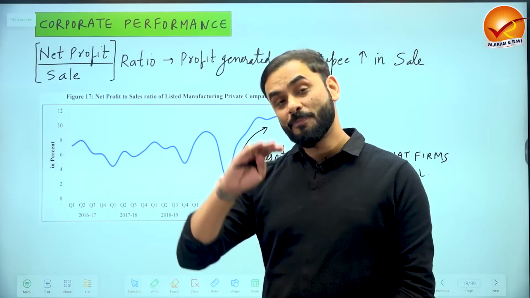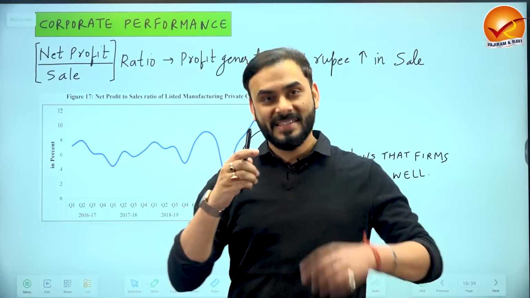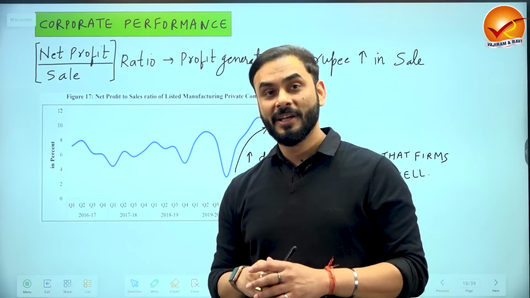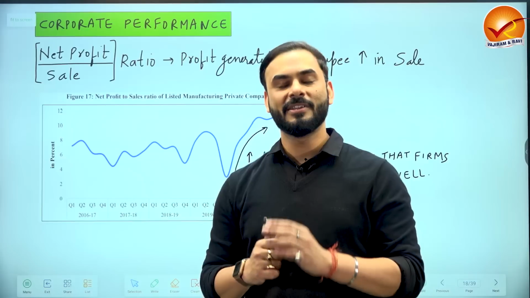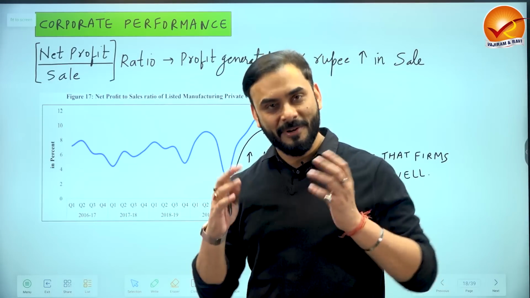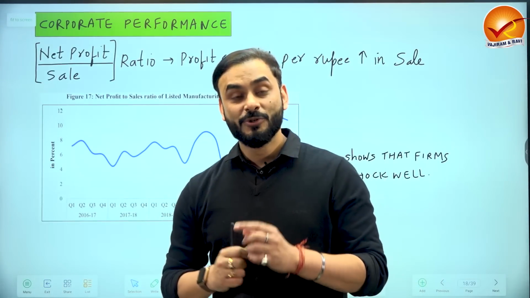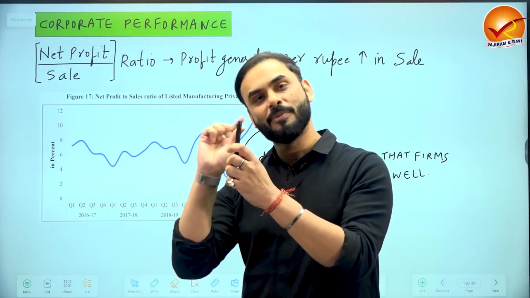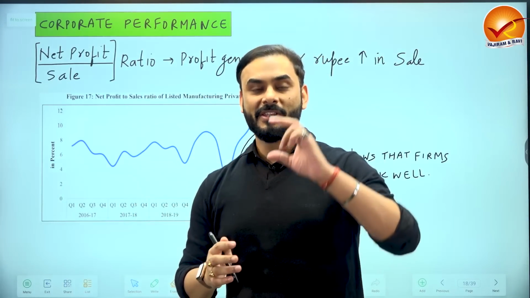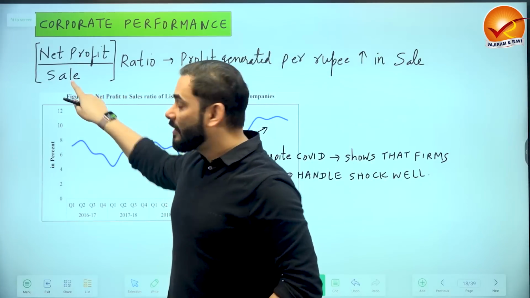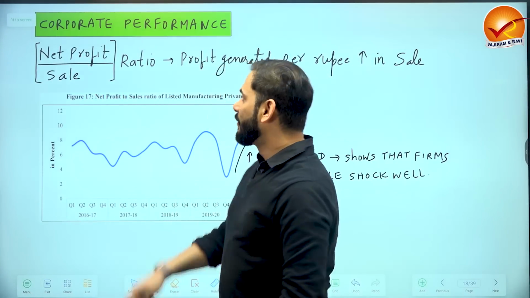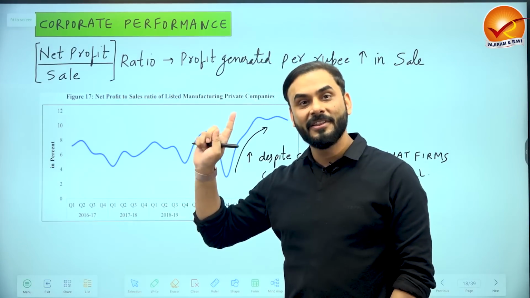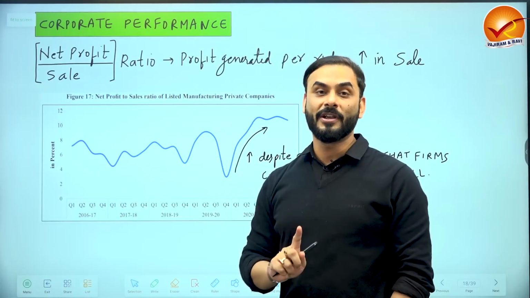If your profit keeps on moving up as I sell more pens, it means there is good demand in the economy. That is why people are buying my product and I am able to get more profit. So every time I sell a pen for 100 rupees, what is the profit I am generating? This ratio of profit by sale gives an idea about what is the demand level in the economy and if things are healthy or not.